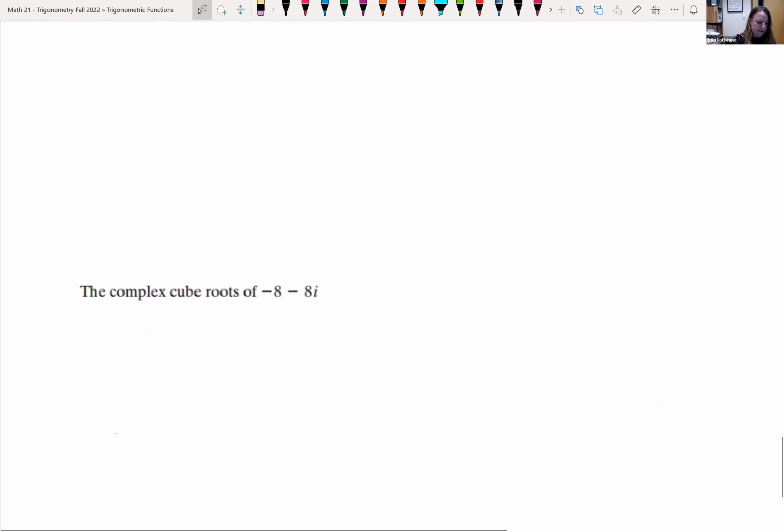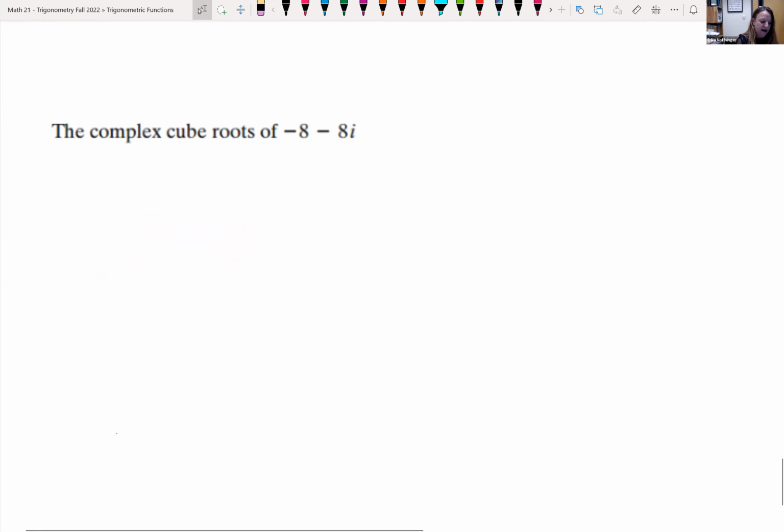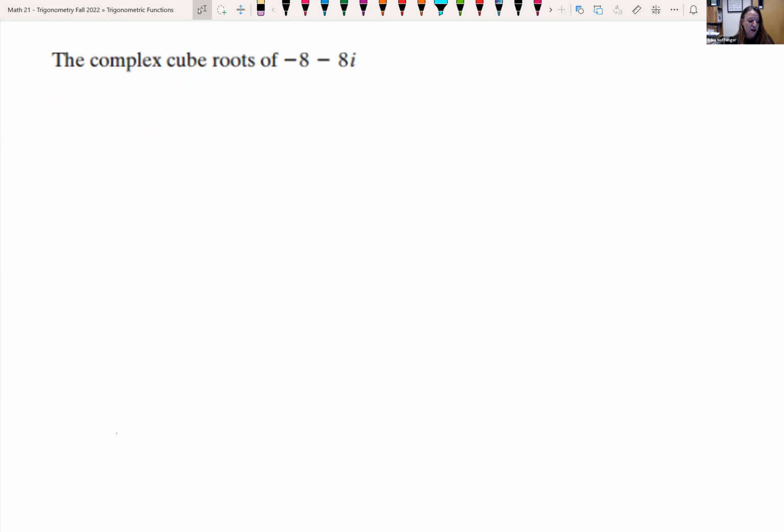So our next example here, we want to find the cubed root of negative 8 minus 8i. So let's first look at z equals negative 8 minus 8i. And let's first put this in polar form. And so let's plot that first.